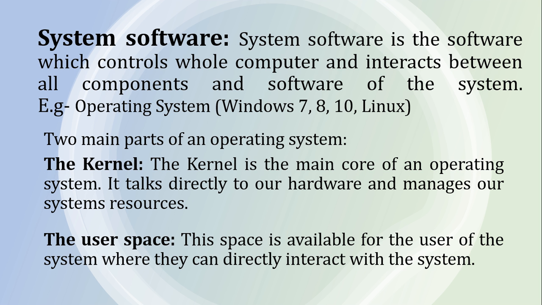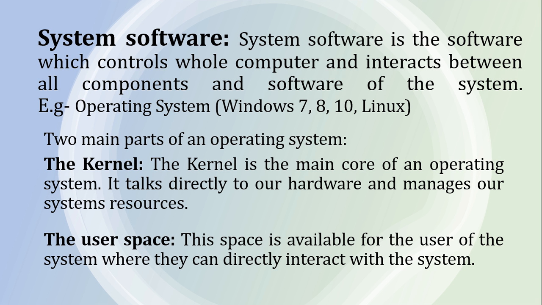The operating system is that on which we are able to do our work. It has two main parts. One is the kernel. The kernel connects hardware and software and makes a combination between hardware and software. The second is user space.